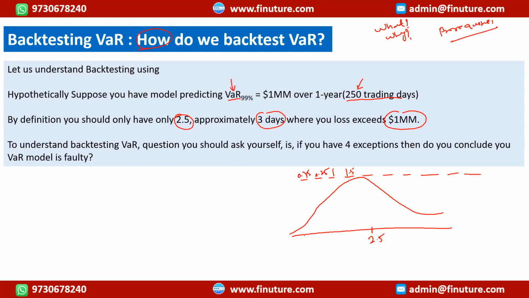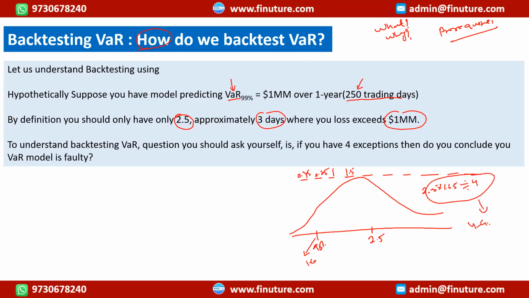So those 4 exceptions that you saw in the Basel table, Basel did not get them in a dream. It has some background. This distribution has a 95% confidence. If you multiply 2.5 with 1.65, you will get approximately 4. That is the reason you had a 4 in the green region.